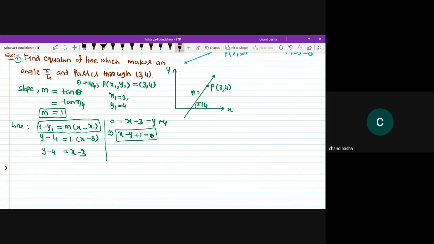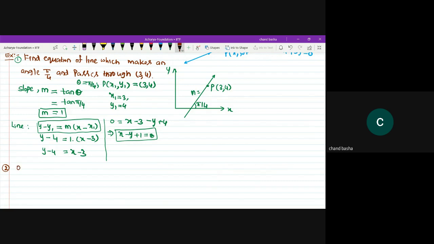Problem number 2. Whenever inclination is given to you guys, you can find the equation of the straight line by using its slope. So I can take y minus y1 is equal to m into x minus x1.